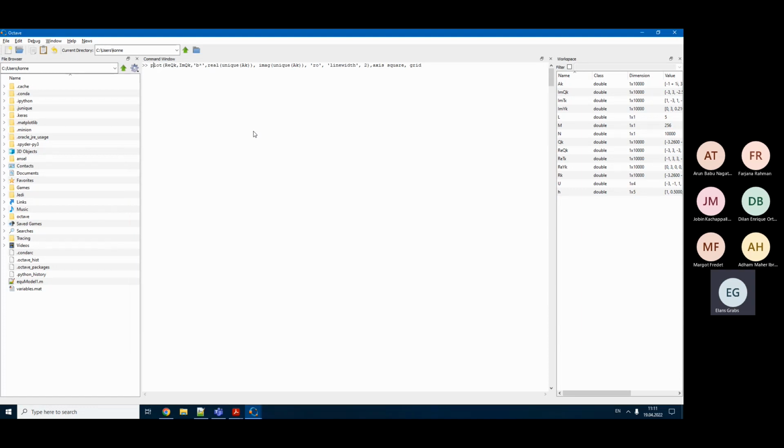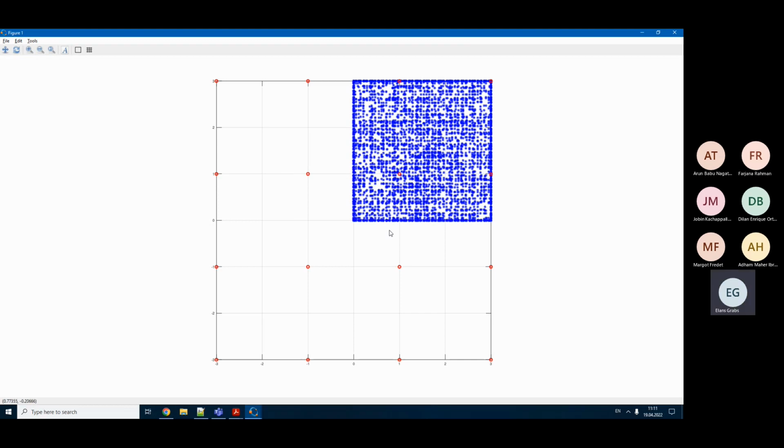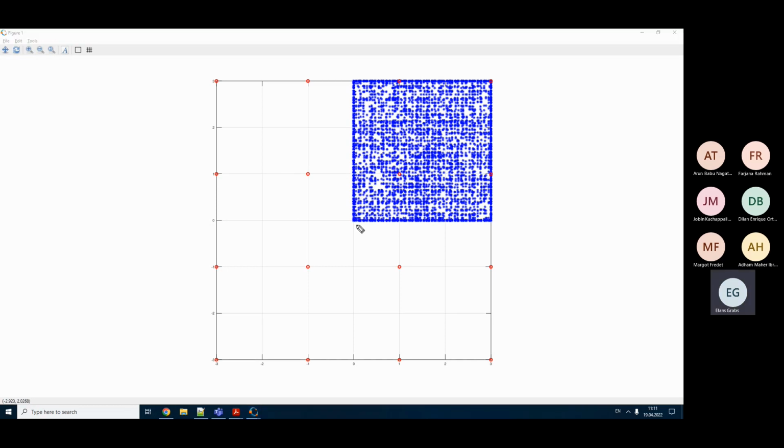The only thing is here I'm going to plot real yk, imaginary. So as you can see now, we are concentrated in this square. Here we have 0, here we have 1, 2, 3, and similarly 1, 2, 3. And accordingly here we had our crosses as well.